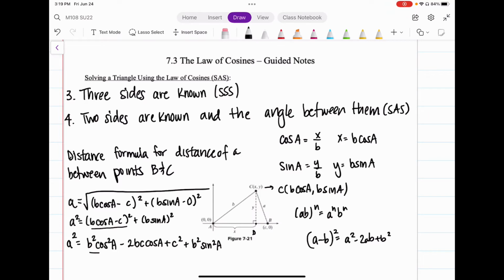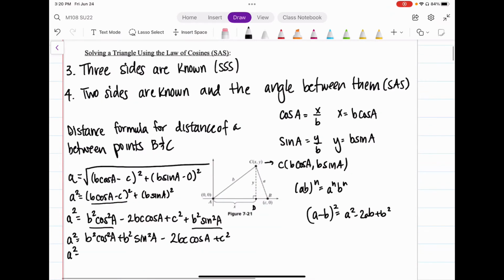Recognize that b squared cosine squared A and b squared sine squared A share a b squared. I'm going to rewrite that, combining those two next to each other, minus 2bc cosine A plus c squared.